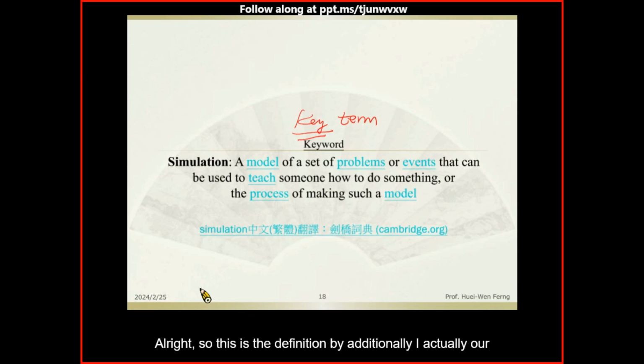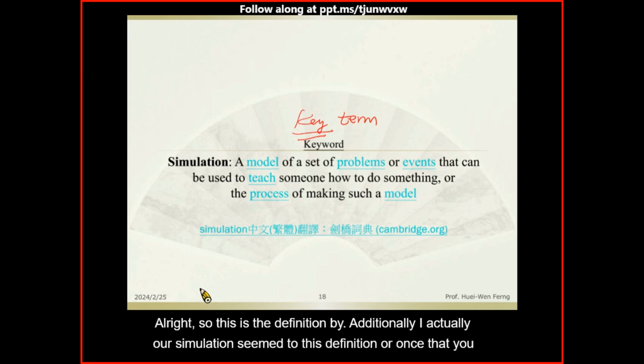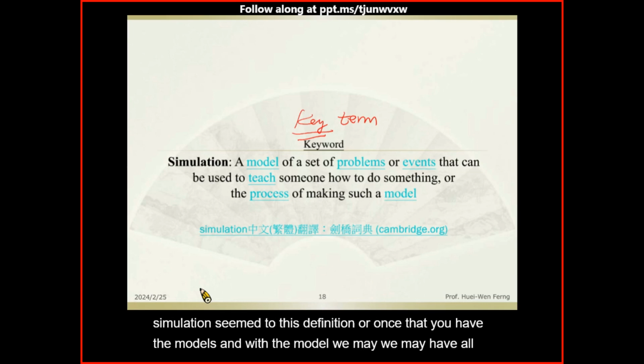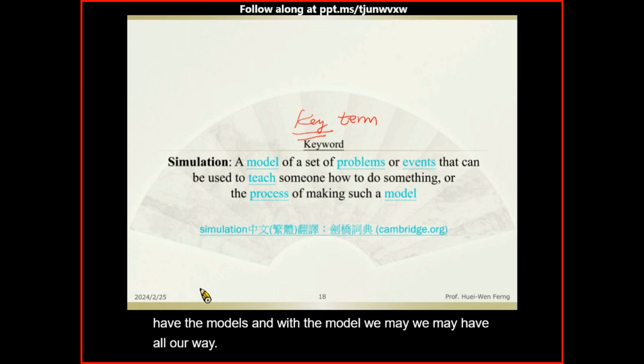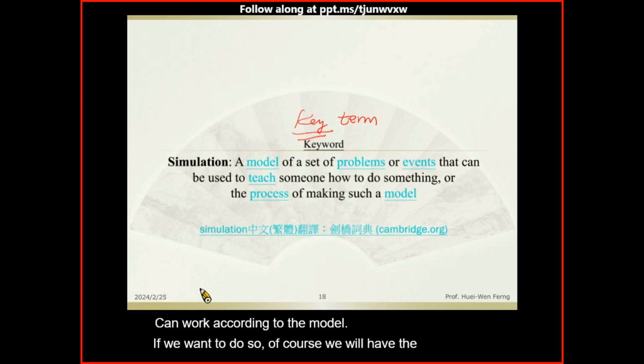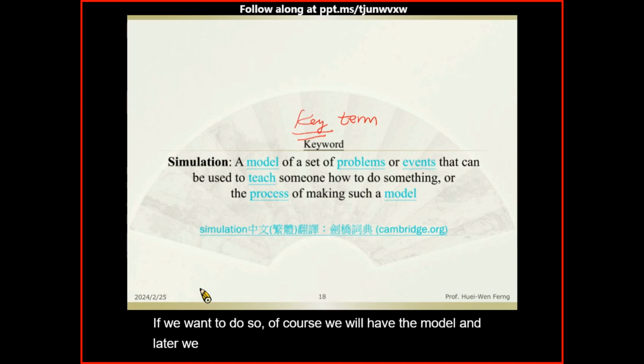We want to really have the models. And with the model, we may have our own way so that the system can work according to the model. Well, if we want to do so, of course, we will have the model, and later we use the probabilistic model.